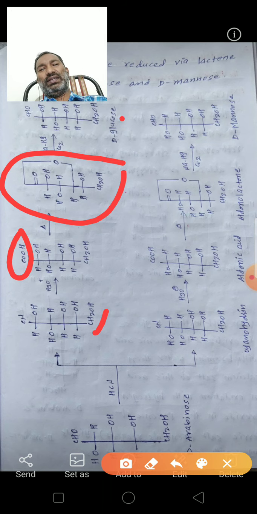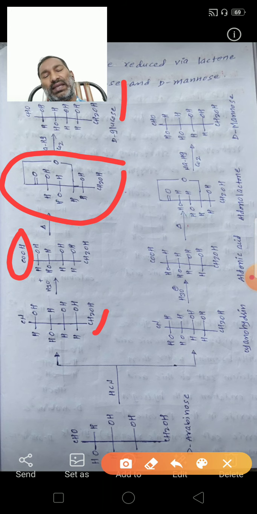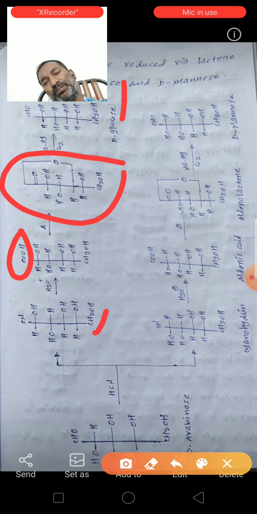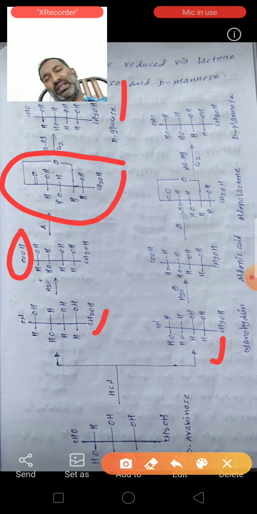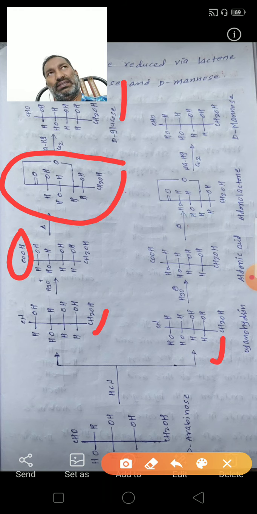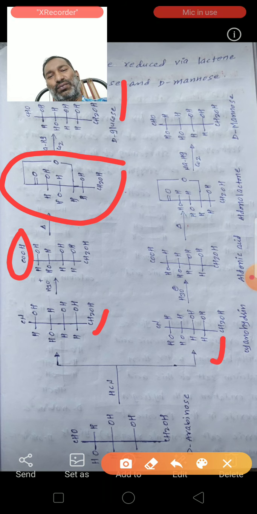This is the one isomer. And same here, see this isomer, the cyanohydrin reacts with the D-arabinose. In this isomer, H is on the right side, OH is on the left side. This is another isomer.